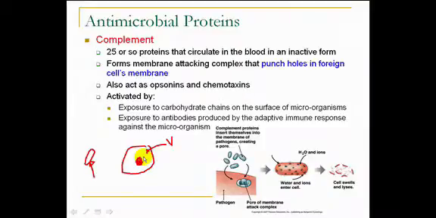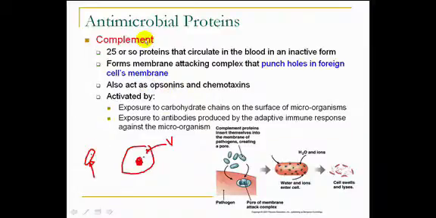Your immune system has to recognize them differently than it has to recognize these extracellular pathogens like bacteria that are outside of your cells. So that's what I mean when I say they can produce pores in your own cells that have been infected by a virus and cause them to rupture, or they can form pores into the bacterial cell's membrane and cause the bacteria to rupture.